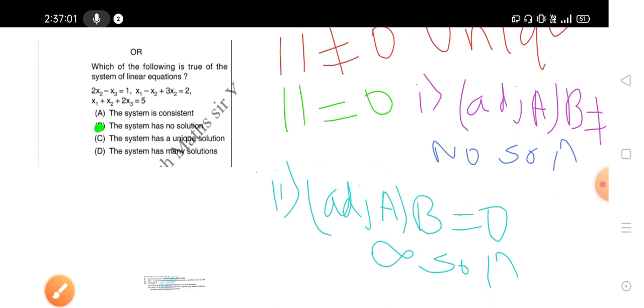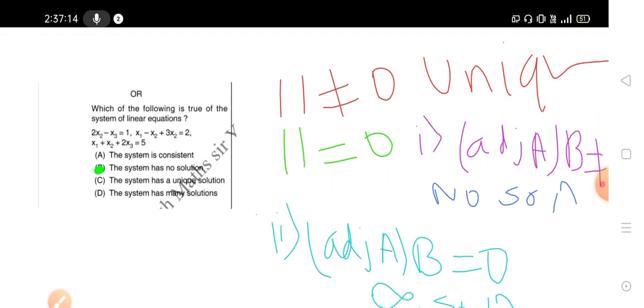Next question. Which of the following is true for the system of linear equations? Here 3 linear equations are given: unique solution, no solution, infinitely many solutions. First of all, find the determinant of that matrix. If the determinant is non-zero, then it is a unique solution. If the determinant is equal to 0, then the next step is to find the adjoint of A and multiply by B. What is B?